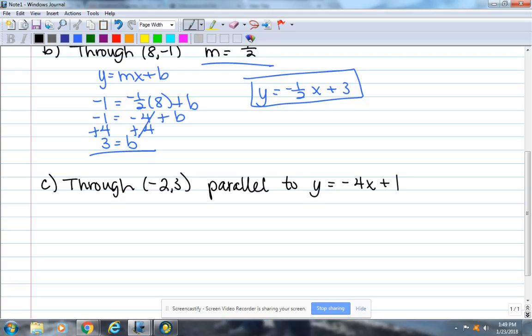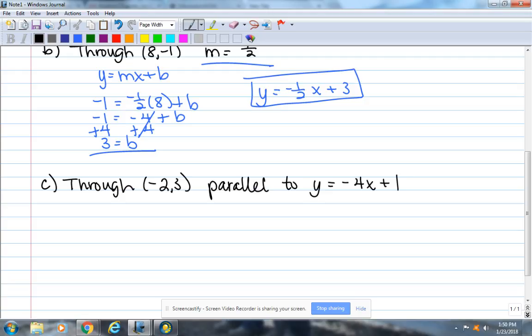So we're talking about two different lines here. The first line goes through this point, and we don't know anything else about it. And then this other line, we have the whole equation for it. So we want our line to be parallel to this line.